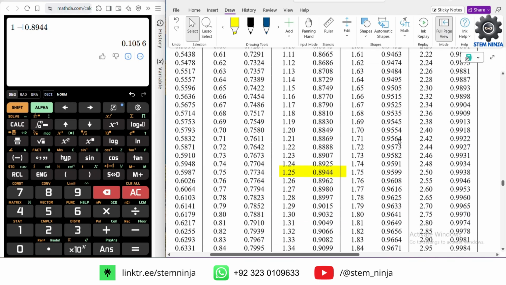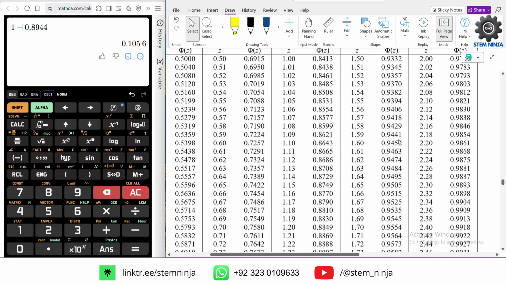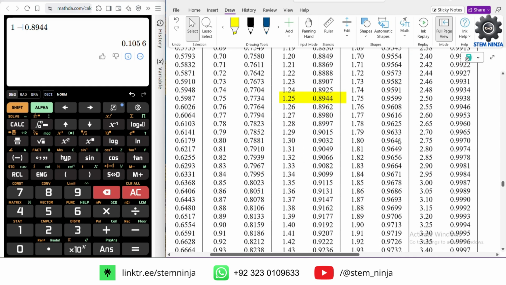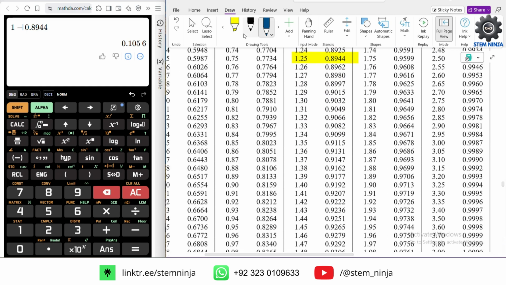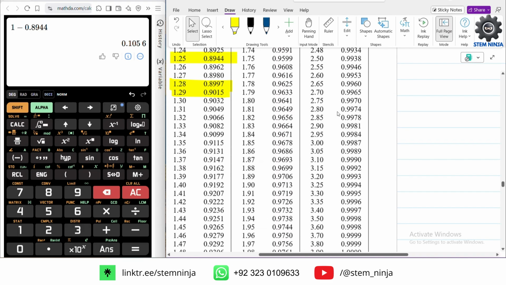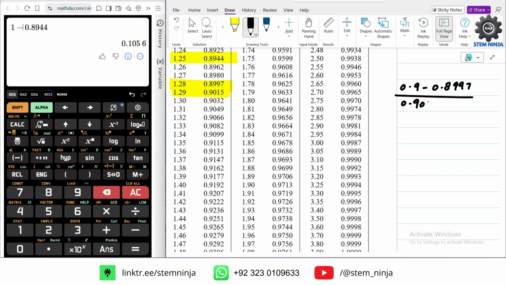So 0.9, let's look at it in the table. Okay. So it's somewhere in between. You can do a little bit of linear interpolation into this. So let's do the linear interpolation. So 0.9 minus 0.8997 divided by 0.9015 minus 0.8997, times 0.01, plus 1.28.